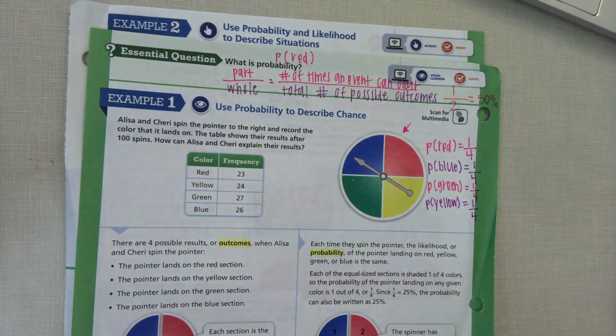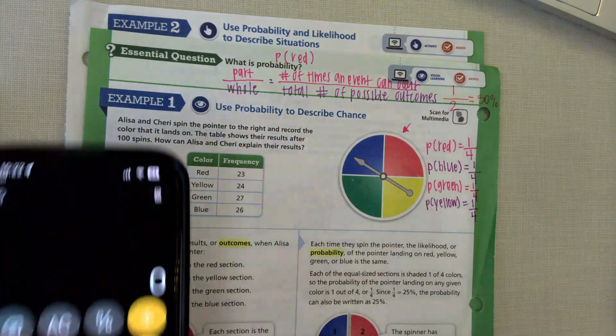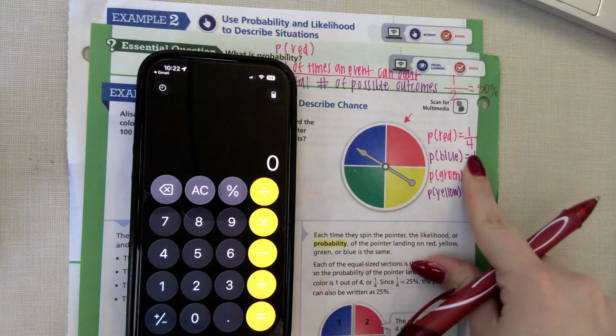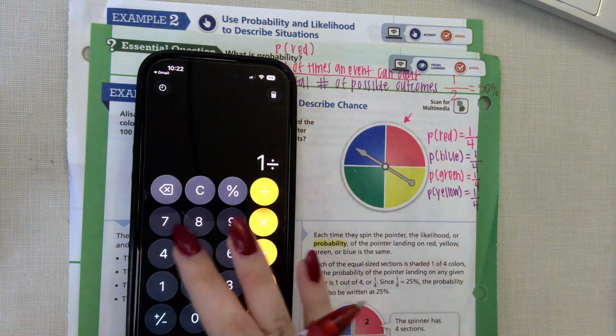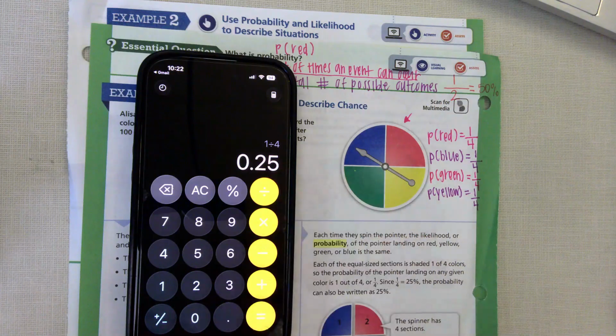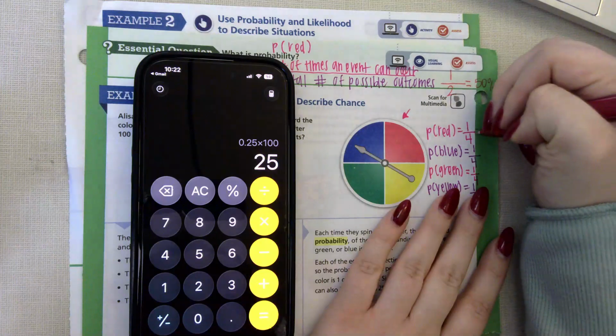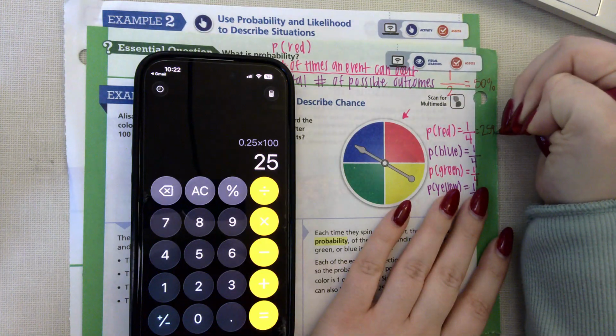So in order to figure out what it is as a percent, I'm going to use my calculator. I'm just going to use my phone calculator. And I'm going to do your fraction, 1/4. And then that's in decimal form, so I need to multiply by 100 to get 25%.